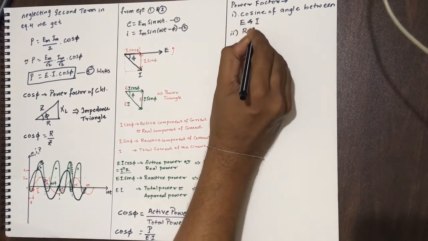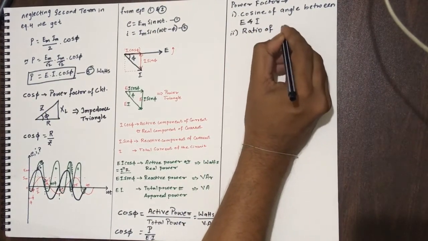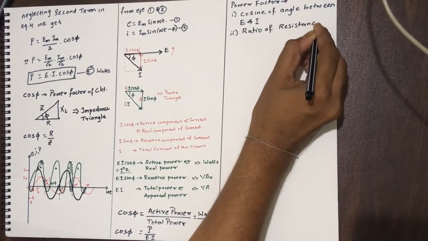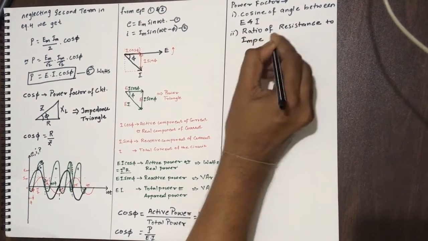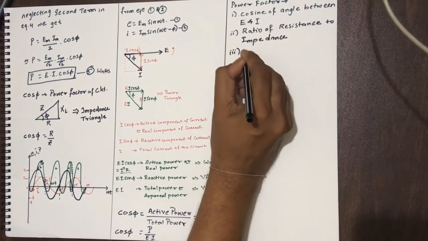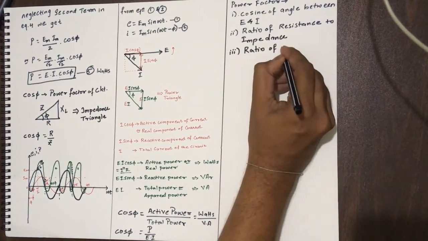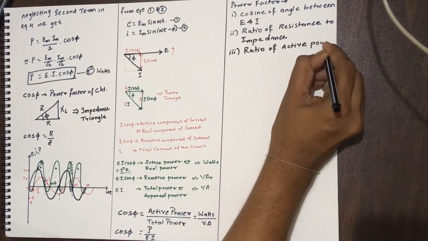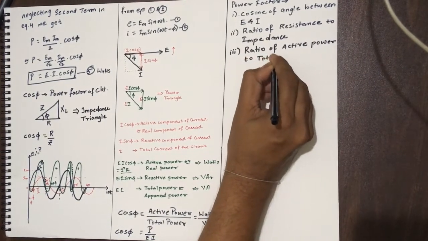It is ratio of resistance to impedance. Third, it is ratio of active power or real power to total power or apparent power.